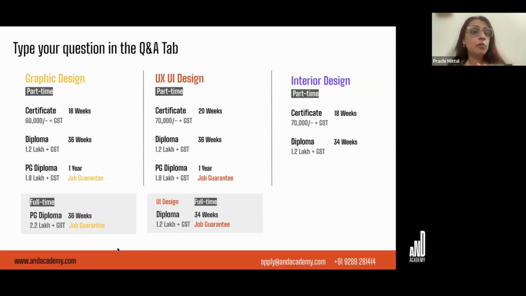There's no governing body that recognizes or not recognizes a design education. And because these are certificate and diploma courses and not undergrad or post-grad degree programs, these also do not come under the educational governing body, which is UGC, right?